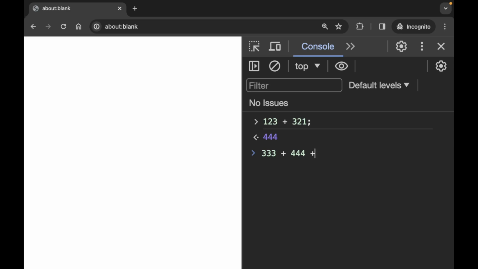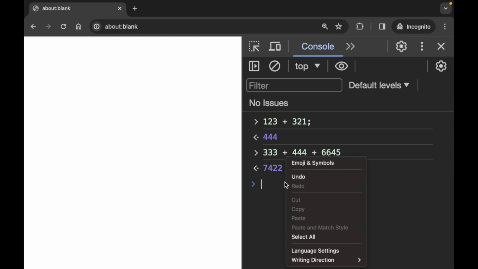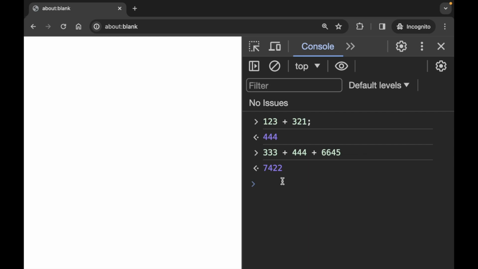And again, we can add in something else like 6645. You can see here it's guessing what it wants to do. Hit enter there. Let's also right click and clear this, which clears everything out.